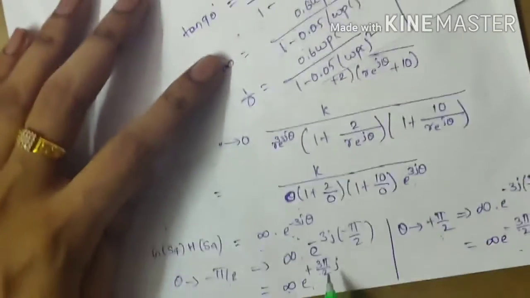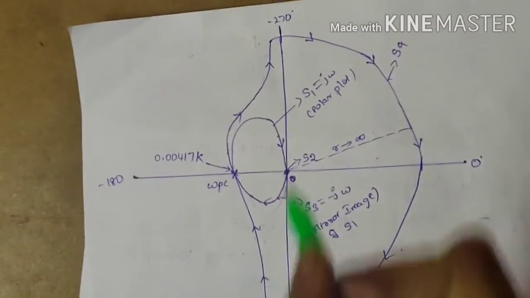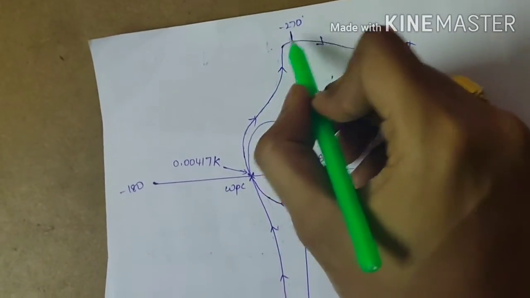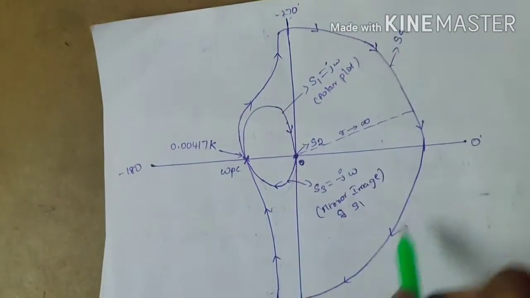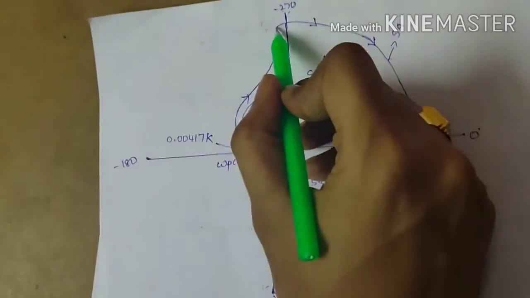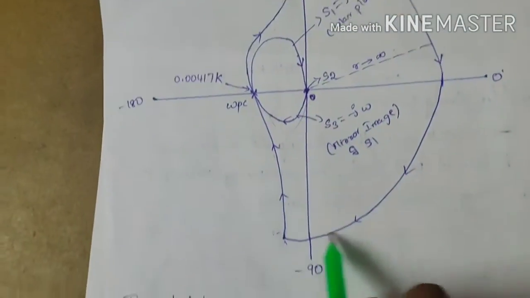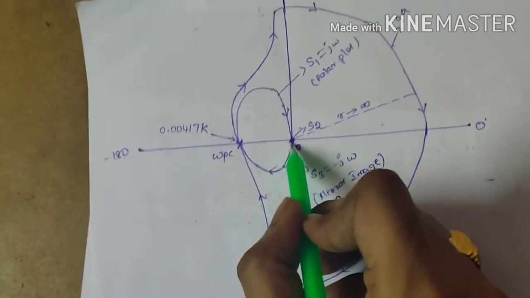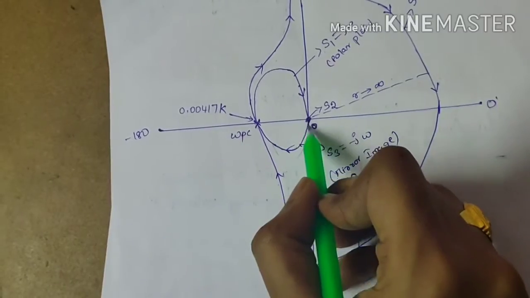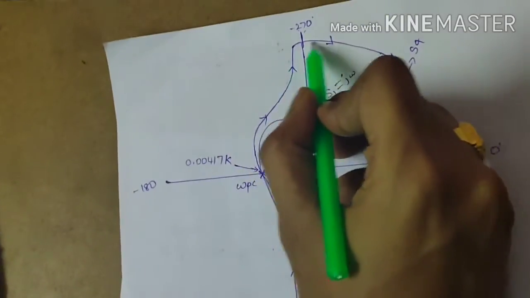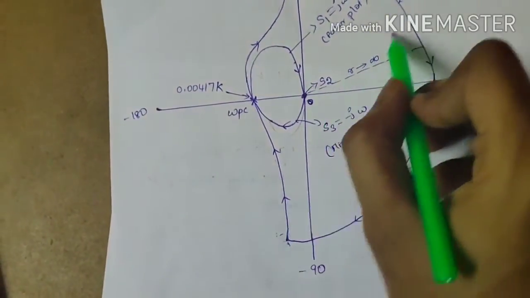S4 has infinite radius and is traveling from plus 270 to minus 270, or you can also say plus 90 to minus 90. So in this way it is traveling. This is S1, then S2, this is S3, and this is S4, which has infinite radius.